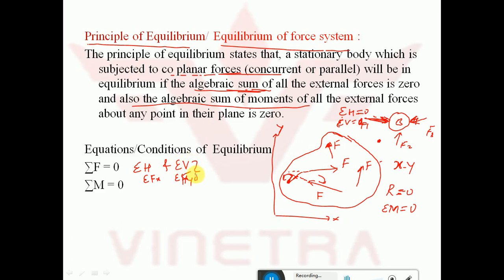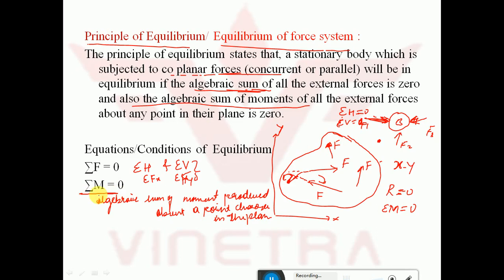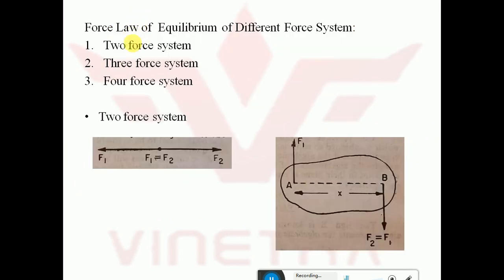This is the first criterion. And the algebraic sum of moments produced about a point chosen in the plane should be equal to 0. So this is the principle of equilibrium. Next, let us see the force law of equilibrium of different force systems.